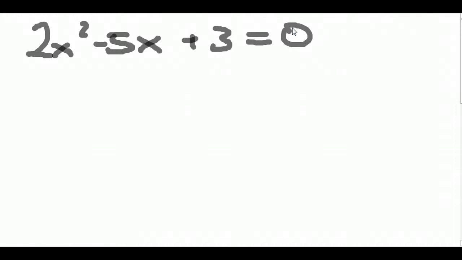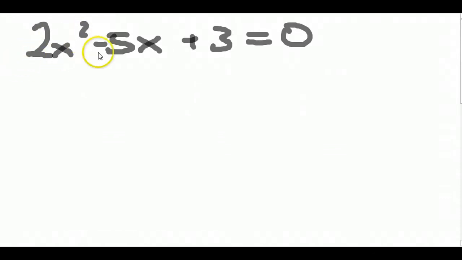So if we have a problem that is 2x squared minus 5x plus 3 equals 0, if we divide everything by 2, then we can get rid of that coefficient on our first term, and it's easier to complete the square.